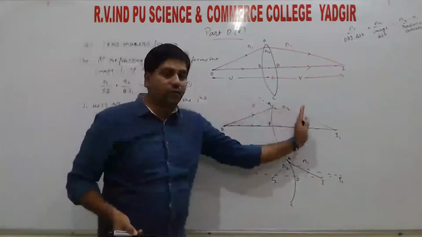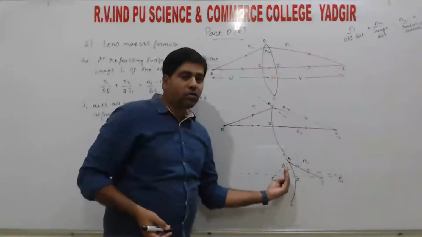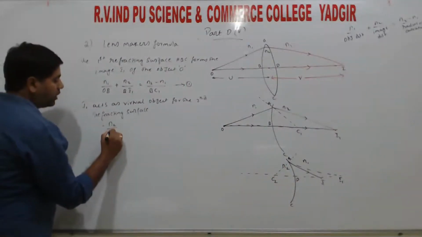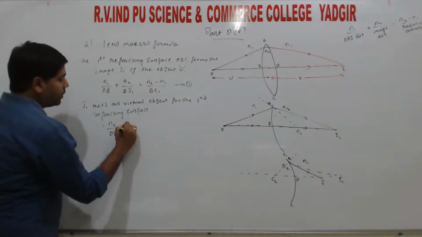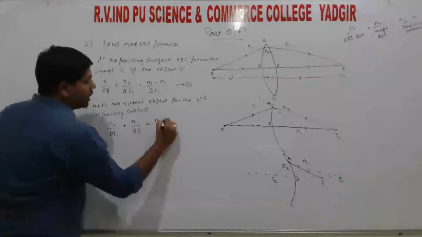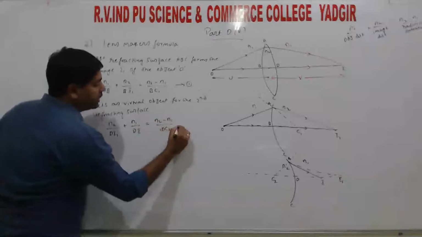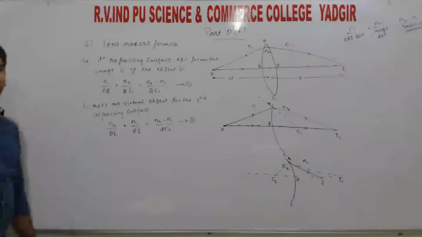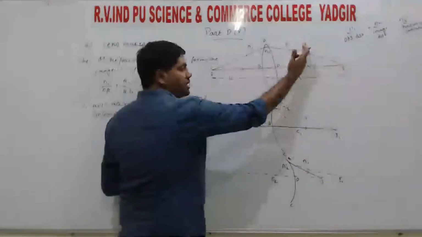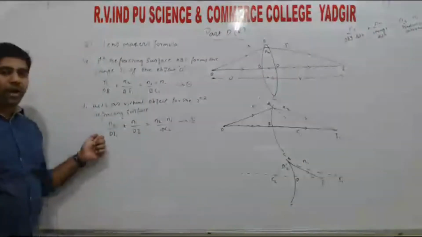Because the incident light is from left to right, so here the object lies from right to left, hence minus n2 divided by DI1 plus n1 divided by image distance DI, equals n2 minus n1 divided by DC2. That is the second relation.